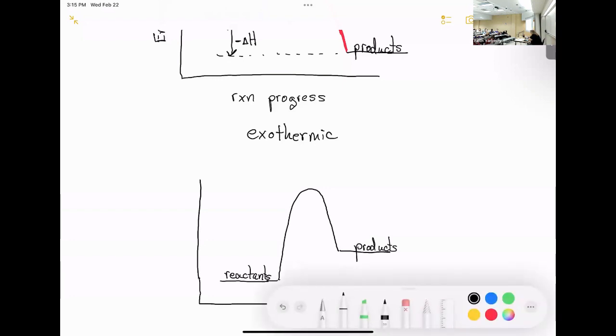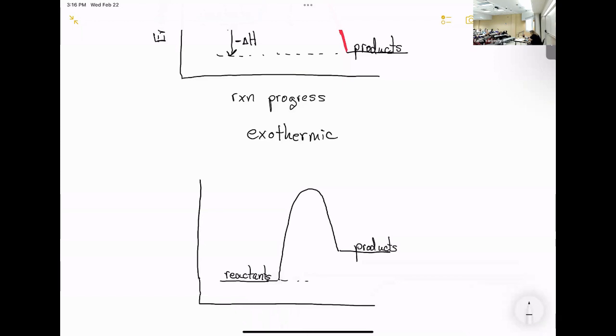That energy of activation is the distance from the reactants to the, in this particular case, if I'm going this direction in a reaction, it is the distance between the reactants and the top of the curve.